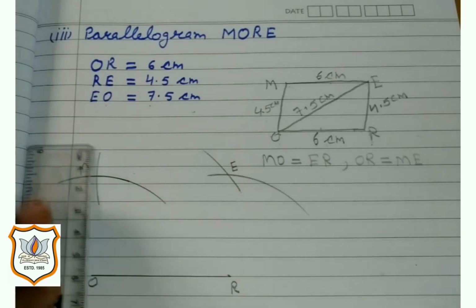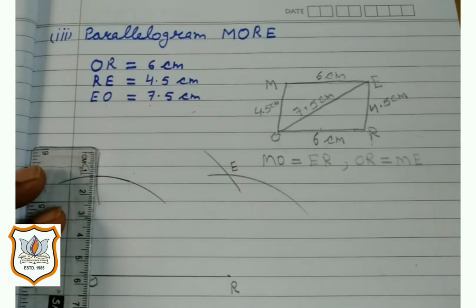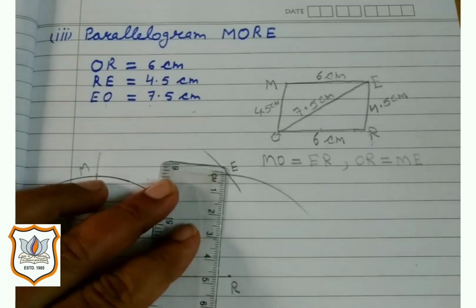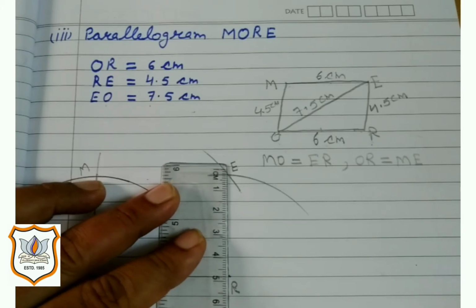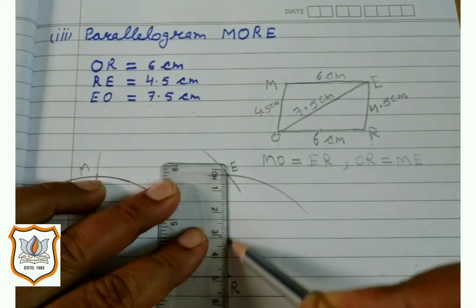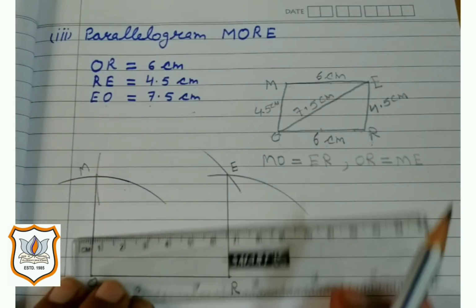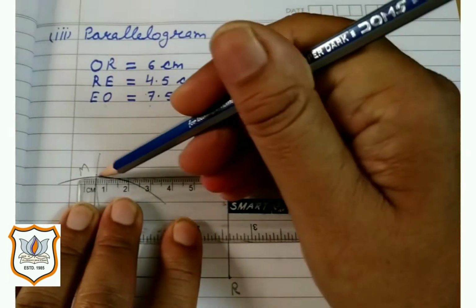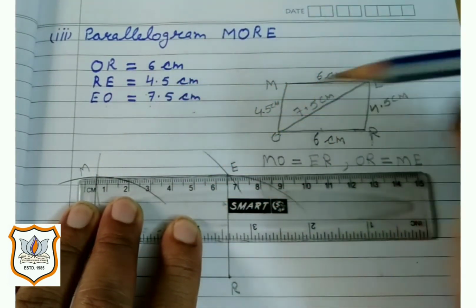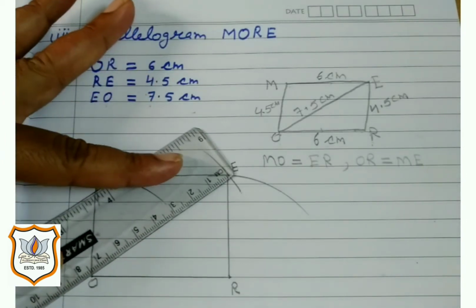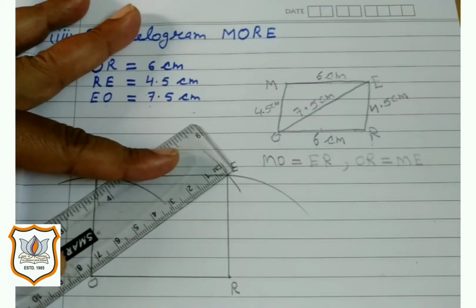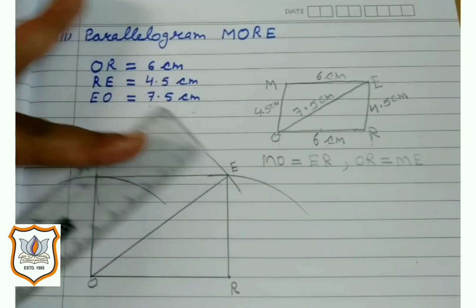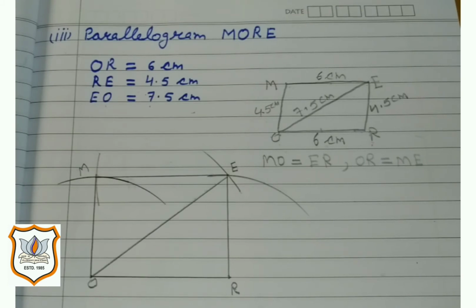Now we will join MO. This is MO. Now we will join point E and point R. So it will be line ER, and we will join ME. This is ME. Now we will join OE. This is OE. Clear, students? You can see here.